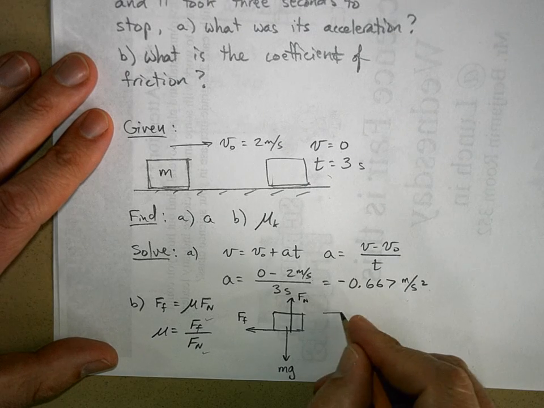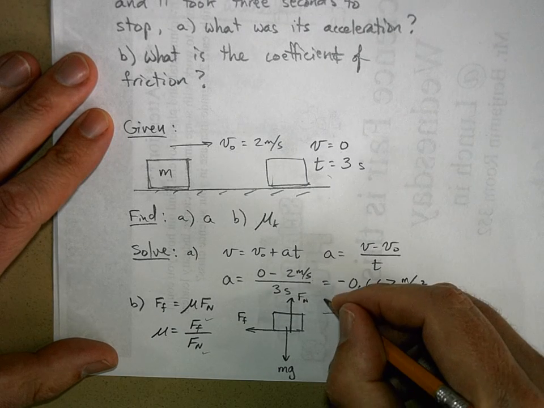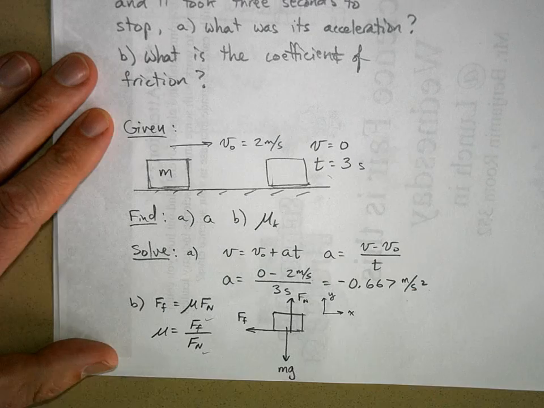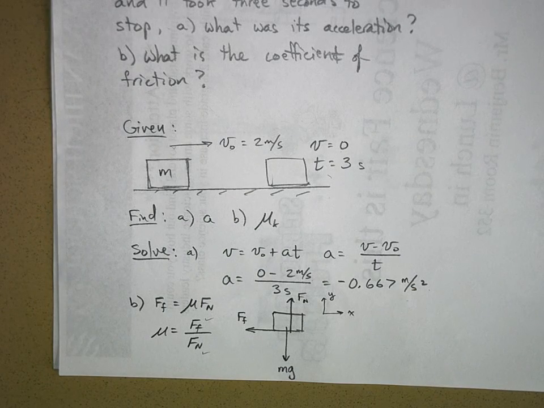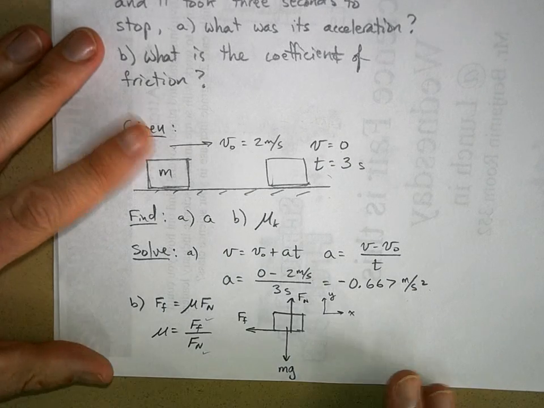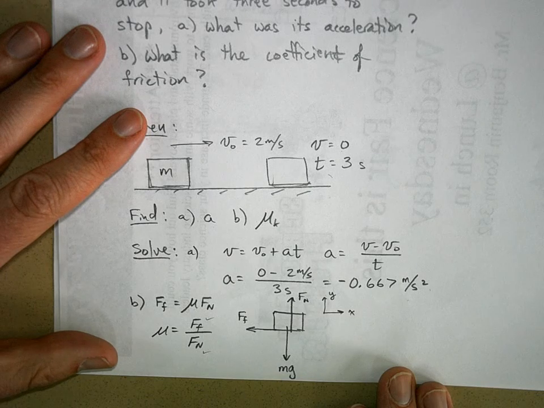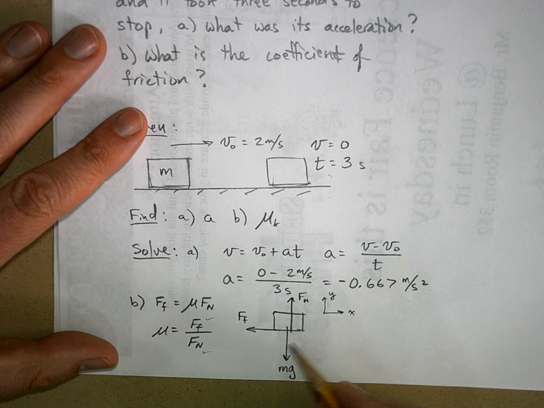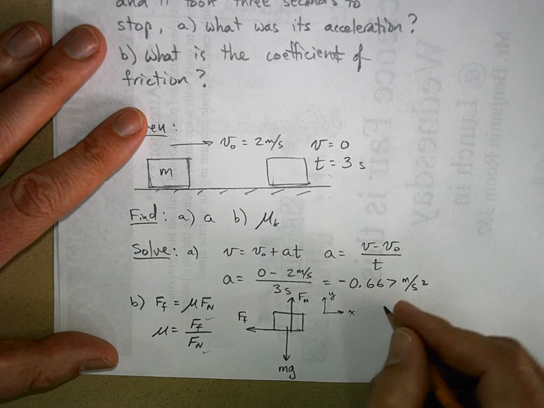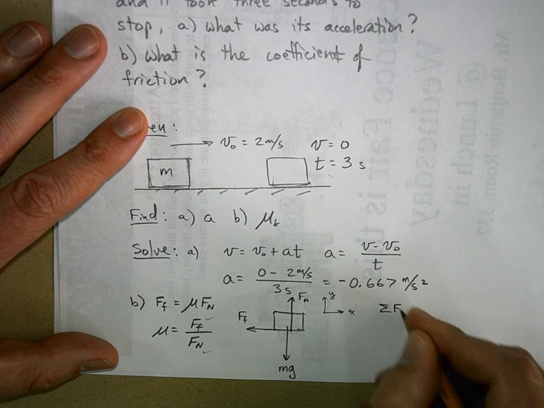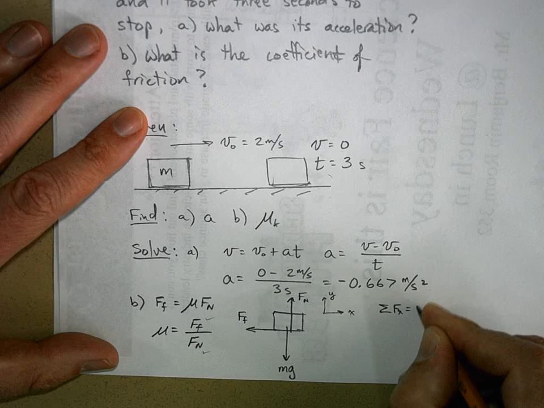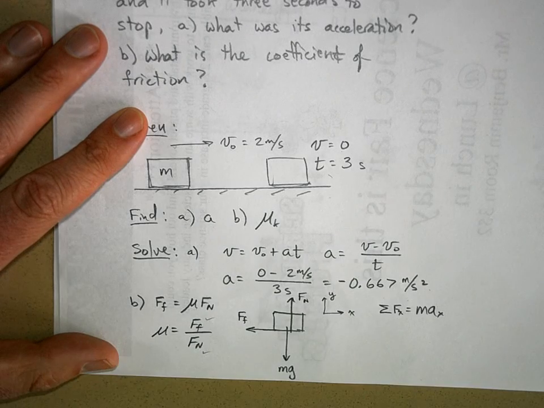And we'll make this the positive x direction and this the positive y direction, as we usually do. So this is step 2, step 3, now step 4. Let's go ahead and sum the forces in the x direction. That'll be equal to ma in the x direction.